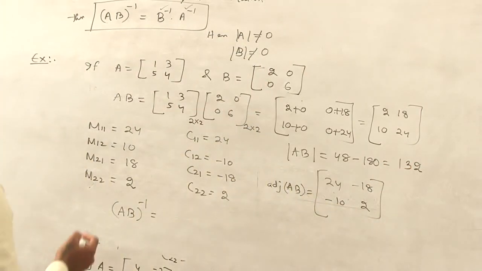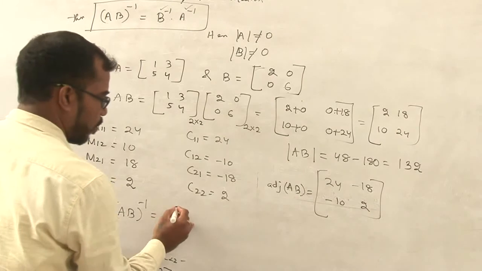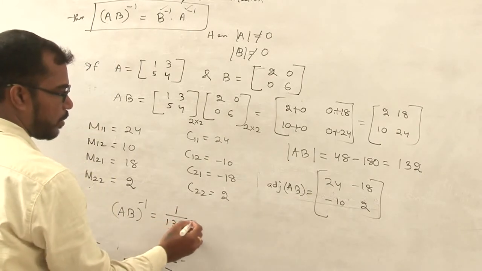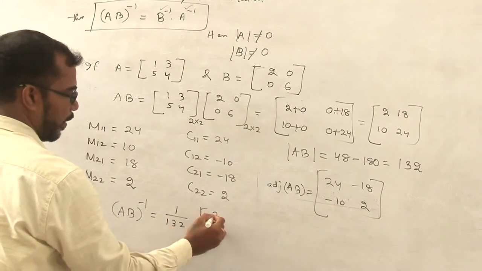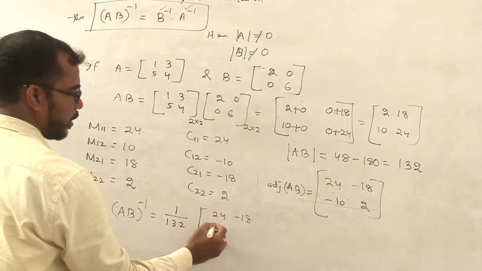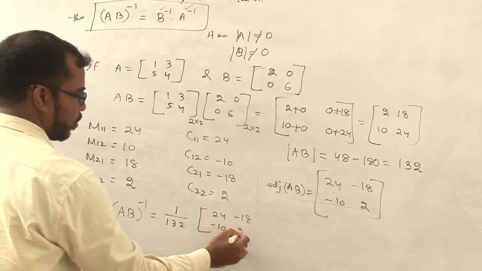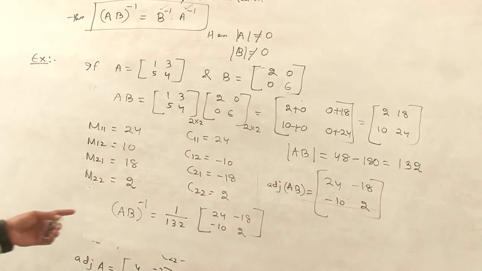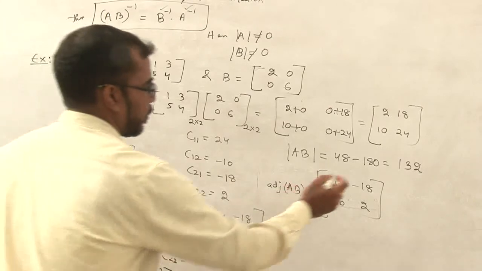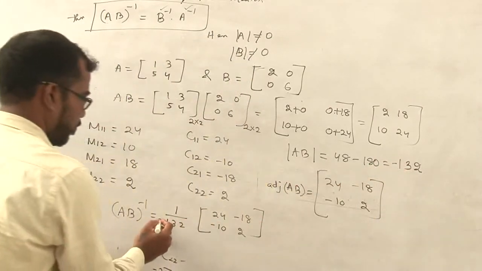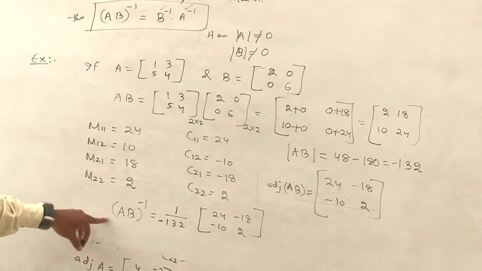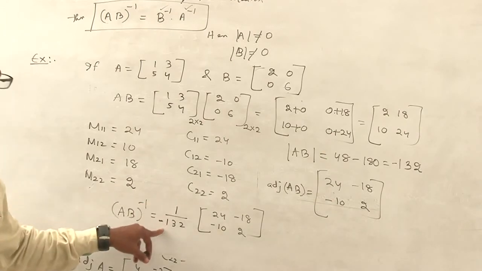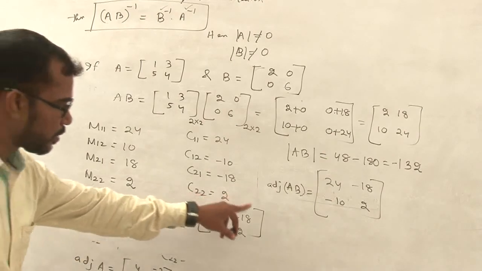Okay, so inverse of AB is equal to 1 by 132 into 24, minus 18, minus 10, 2. So inverse of AB is equal to 1 by minus 132 into this matrix.